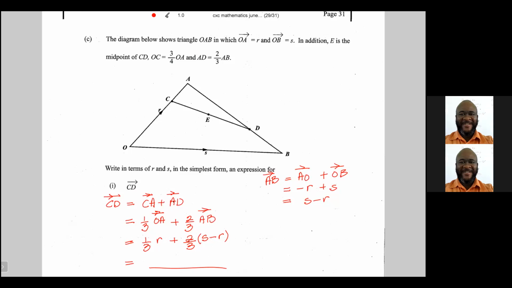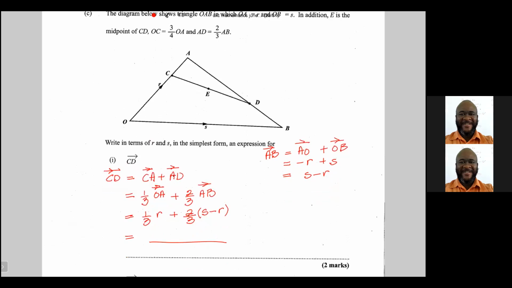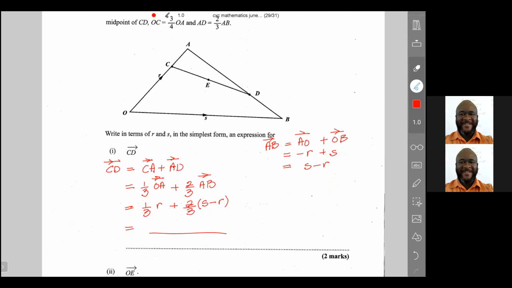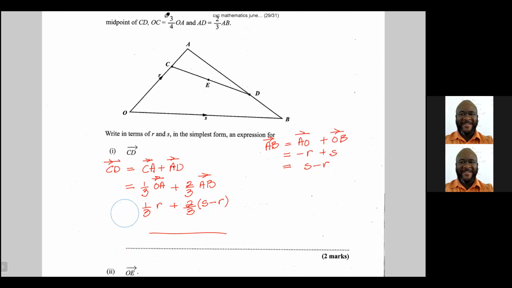OA is 3/4, so this is not a third, it's a quarter. All right, I felt the mistake. So this is a quarter R.